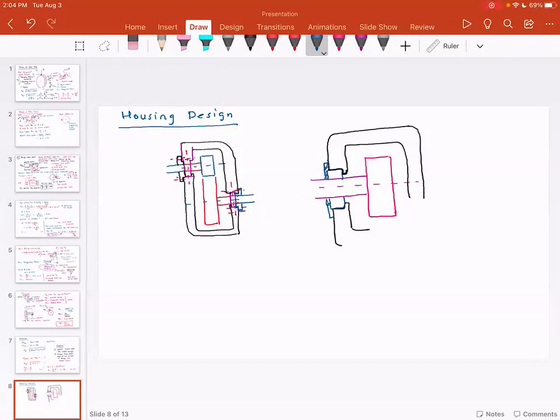This is the seal. And on top of it, you're going to have a cover. And this cover will be bolted. So, bolts.